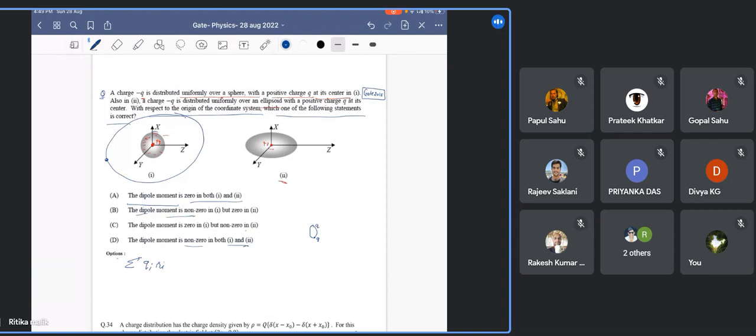So whatever lines originate from charge Q are again terminated at the negative charge in this region. So the whole combination of charges will just originate at the origin and terminate on this sphere, since they are all equal charges. So no lines will be coming in this region. So the electric dipole moment is zero in both cases.